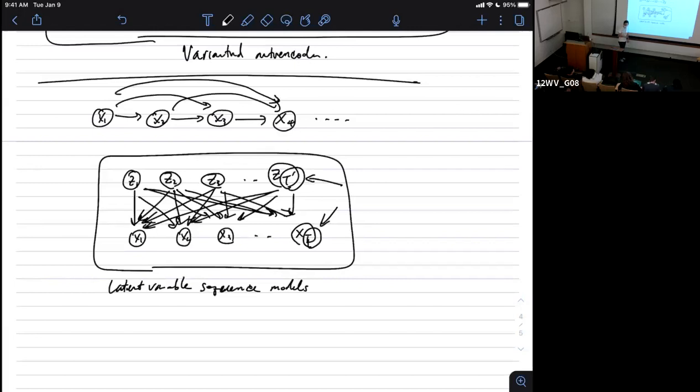It turned out that for generating fluent text, like in machine translation, the autoregressive model seems to be much better.